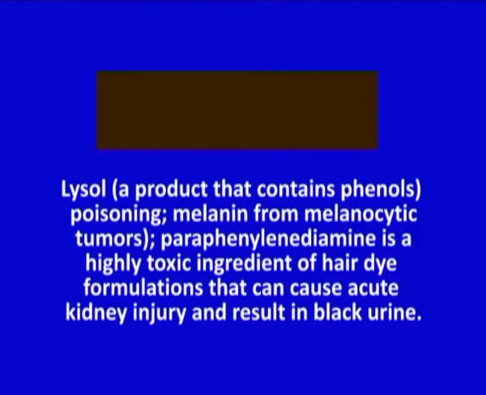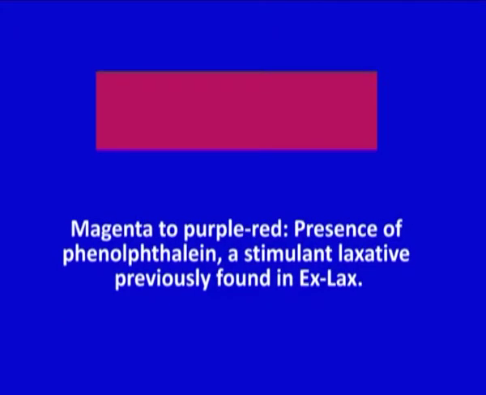Lysol, a product that contains phenols, poisoning, melanin from melanocytic tumors. Paraphenylenediamine is a highly toxic ingredient of hair dye formulations that can cause acute kidney injury and result in black urine. Magenta to purple red.